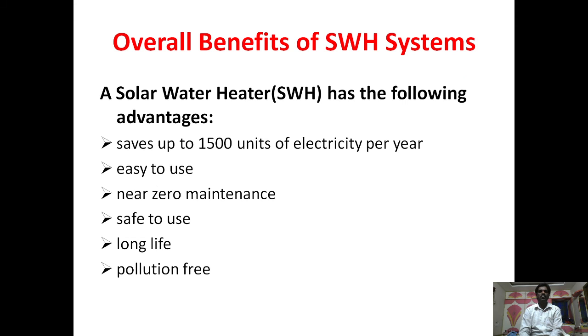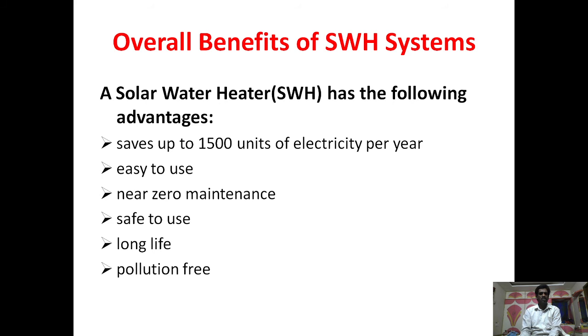Now, the overall benefits of solar water heating systems. A solar water heater system has the following advantages. It is easy to operate, easy to use, and needs zero maintenance. It is very safe to use. It has a long life, and it is environmentally friendly. That means it is pollution free.